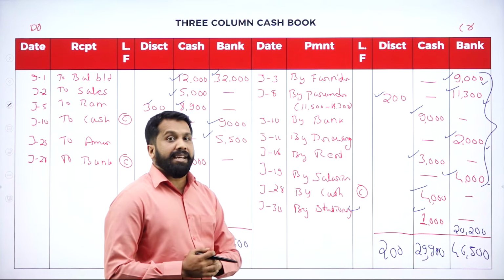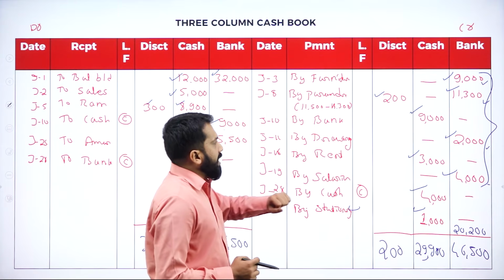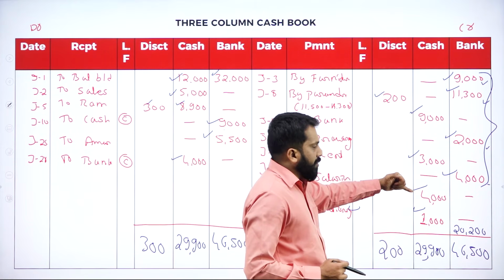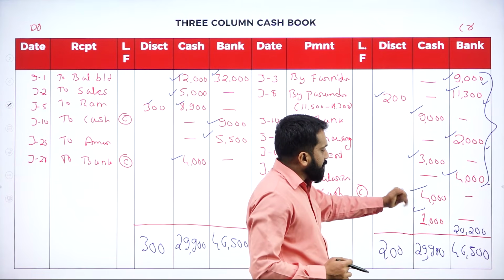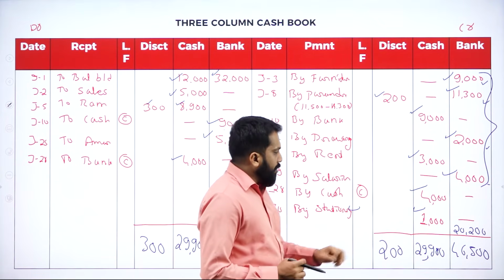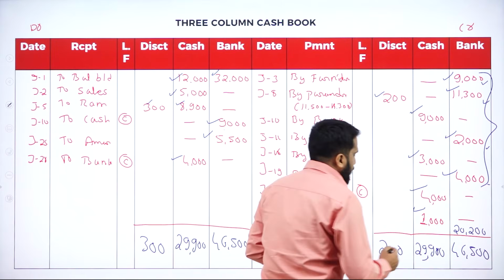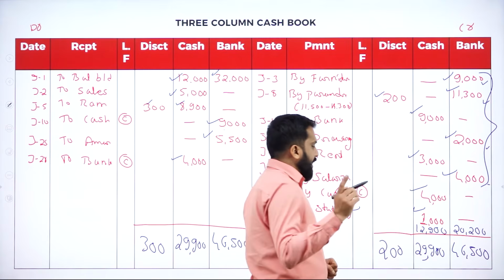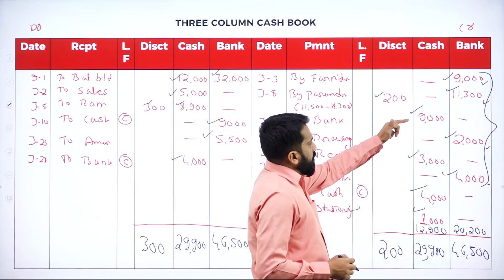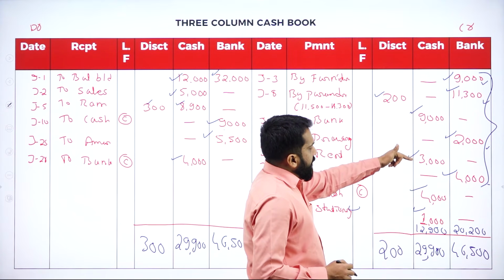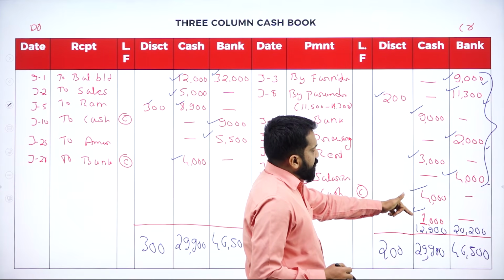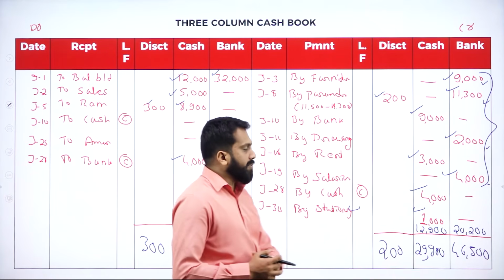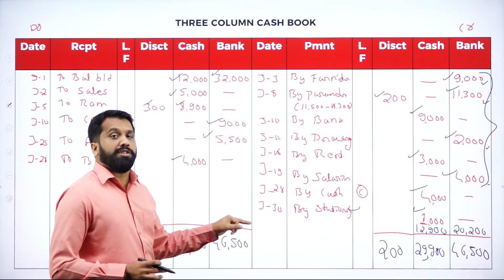Now, once it is done, go back. 9,000 plus 3, 12, 12 plus 4, 16, 16 plus 1, 17. You subtract this, how much do you get? Around 12,900. Again, I'll check it once. 9,000 plus 3, 12 plus 4, 16 plus 1, 17 plus 12, 29,000. Yes, it is 12,900.